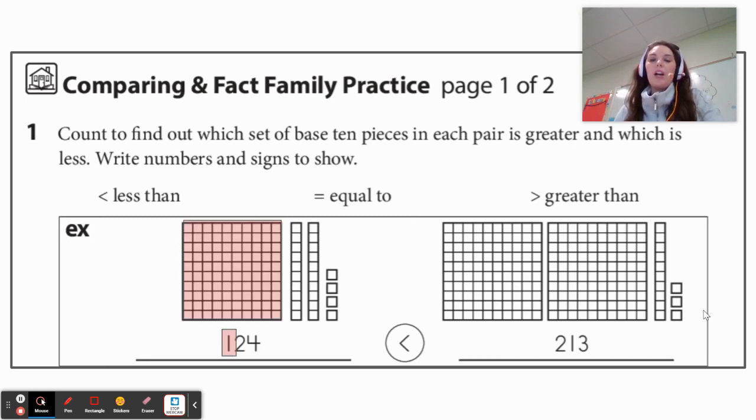So let's start with the hundreds place. I'm going to use the same colors that we have been using for our number pieces in our slideshow. So hundreds are red. You can see that there is just one 100 square, and I've highlighted where that digit is found in the 3-digit number. It is in the hundreds place, 100. How many tens are there? 2. There are 2 10 sticks. 2 tens equals 20.